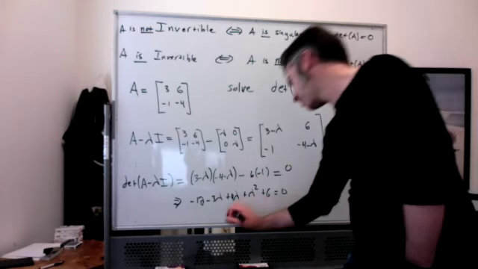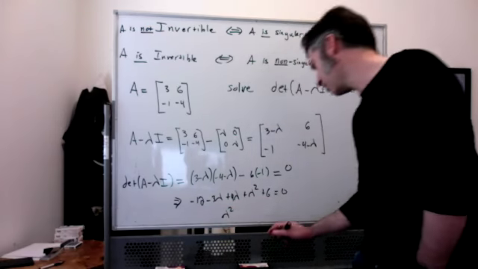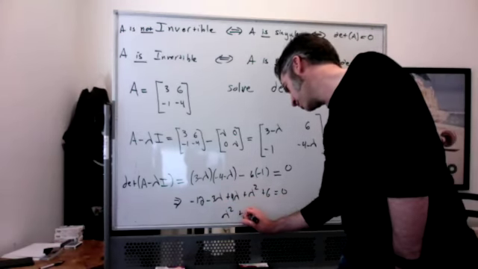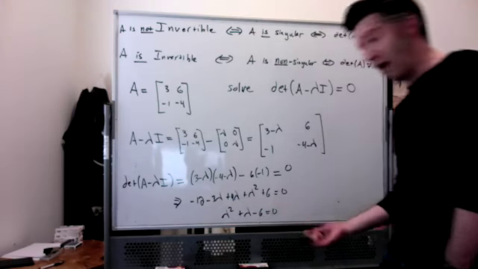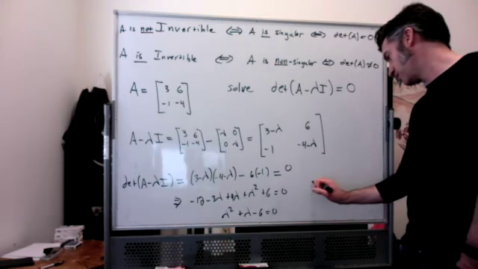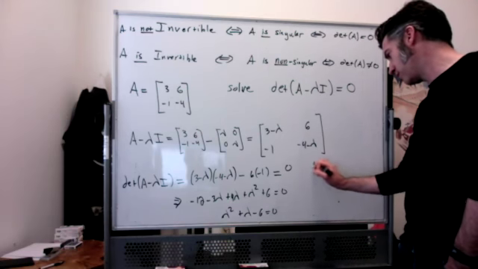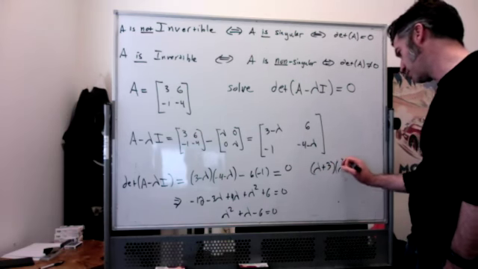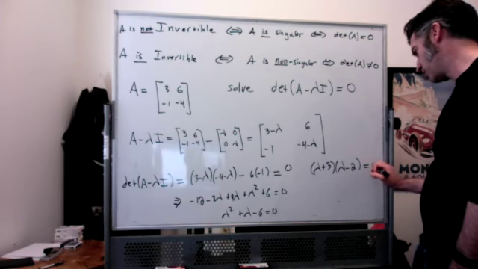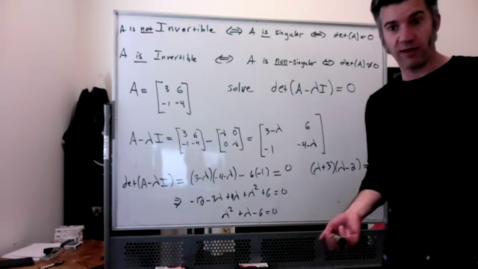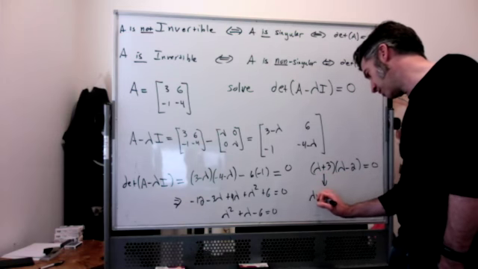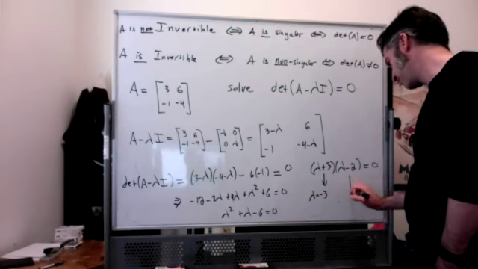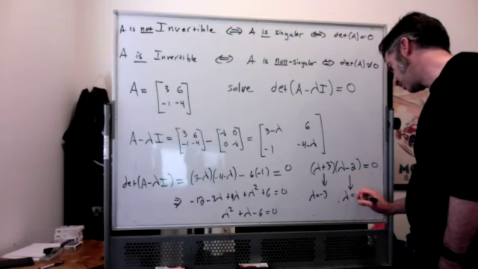So I get lambda squared plus lambda minus 12 plus 6, which is -6, equal to 0. And that does factor: lambda plus 3 times lambda minus 2 equal to 0. So we found our eigenvalues: lambda equal to -3 and lambda equal to +2.